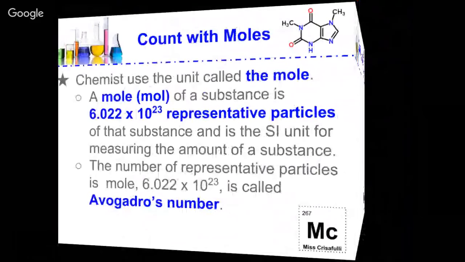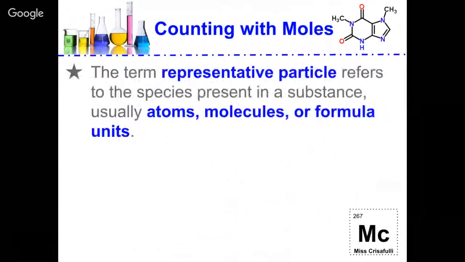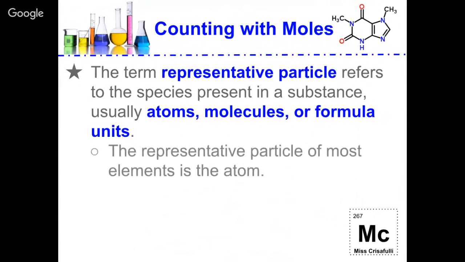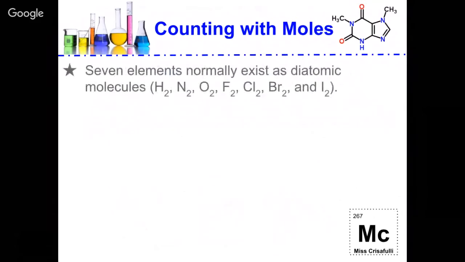So the term representative particle refers to whatever species is present in the substance. So what are we talking about? Are we talking about atoms? Are we talking about molecules? Are we talking about formula units? The representative particle of most elements is the atom. And remember, there are 7 elements that normally exist as diatomic molecules: H2, N2, O2, F2, Cl2, Br2, and I2.